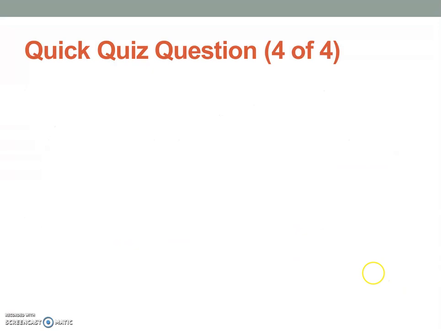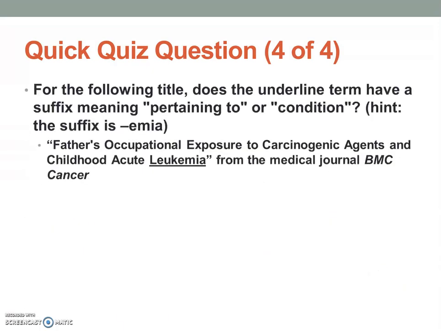And the last question. For the following title, does the other underlined term have a suffix meaning pertaining to or condition? The suffix is emia. Father's occupational exposure to carcinogenic agents in childhood acute leukemia, from the medical journal BMC Cancer.